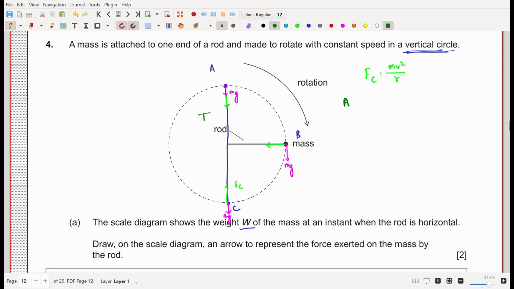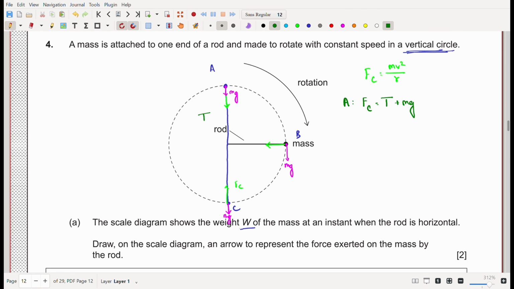So at point A, our tension is going to be equal to, Fc is our constant, correct? So that's provided by the tension plus or minus, or plus in this case, the weight.